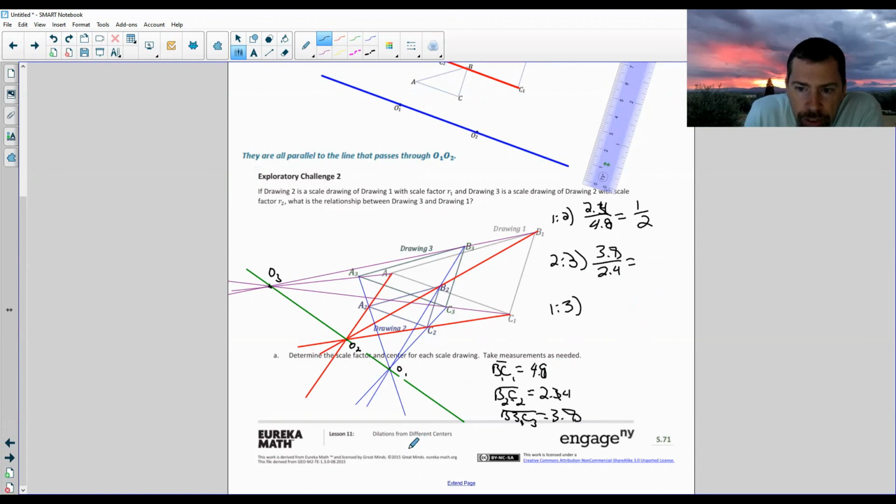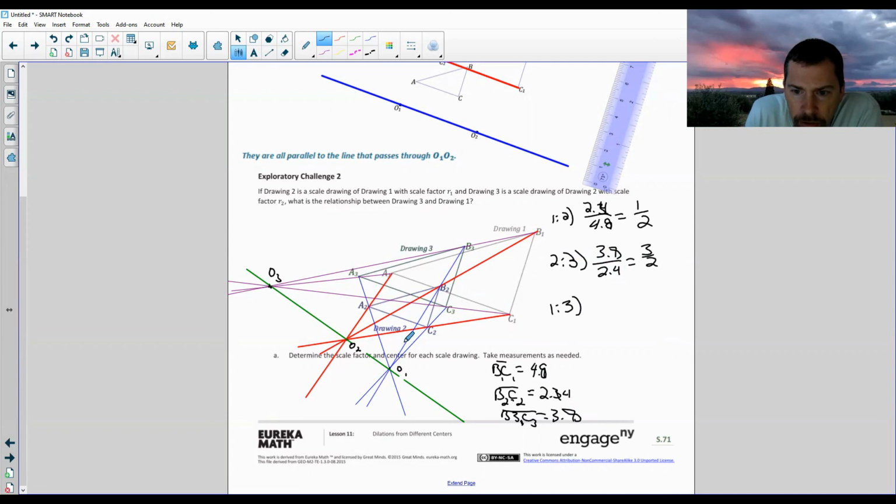Okay, so 3.8 divided by 2.4 is approximately 1.5. So 2 to 1, or 1.58. So that'd be 3 halves. 3 to 2, roughly.